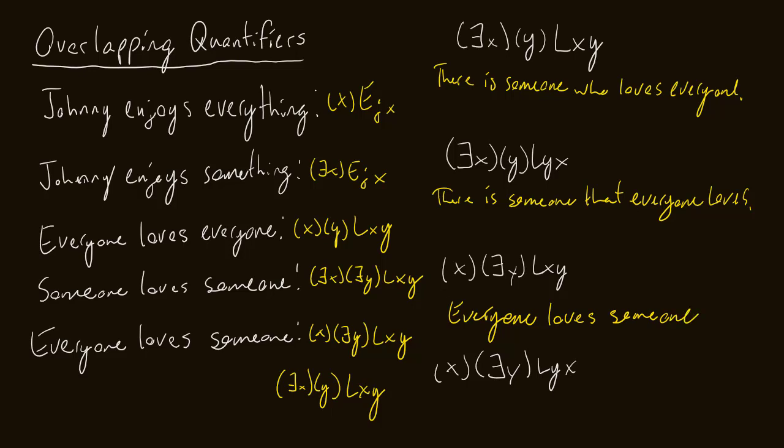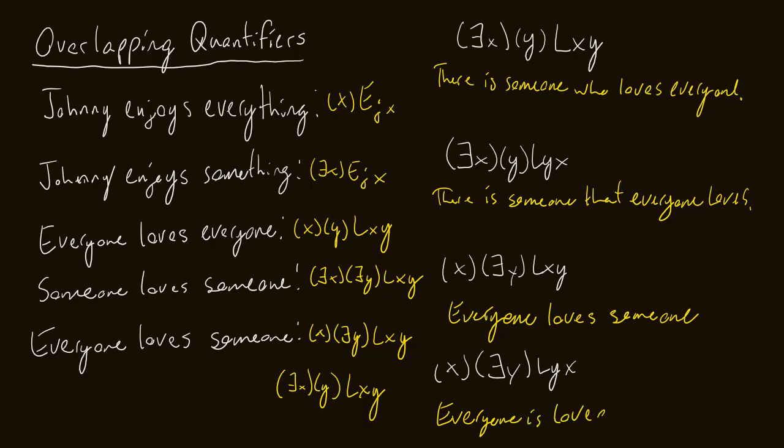And now for all x, there exists a y such that y loves x. So that's going to mean that everyone is loved by someone. No, you would say everyone is loved by somebody.